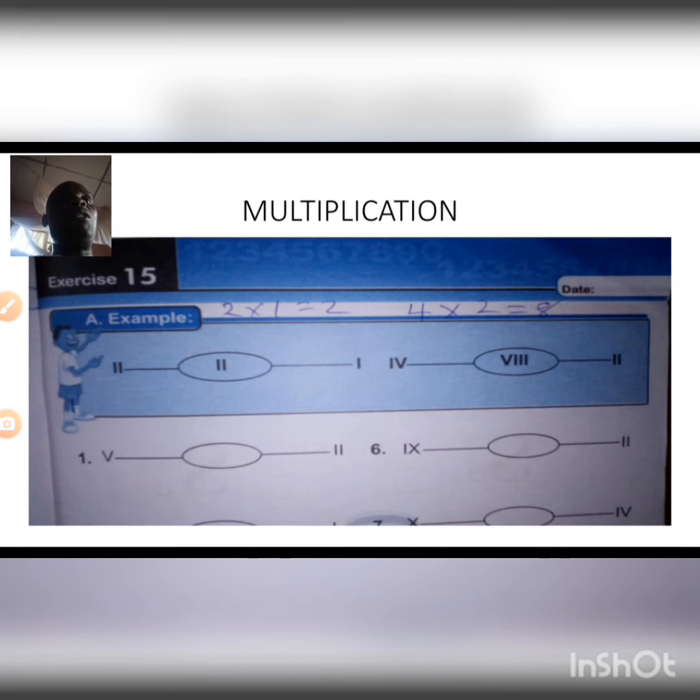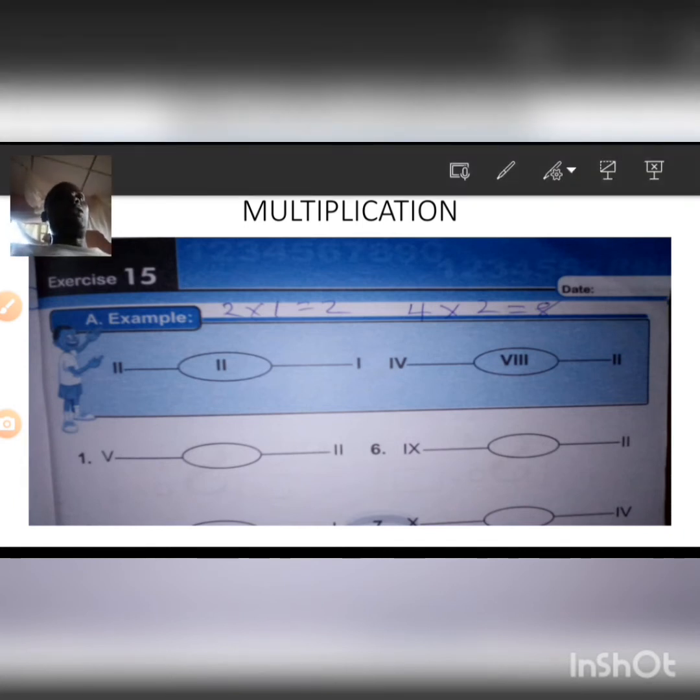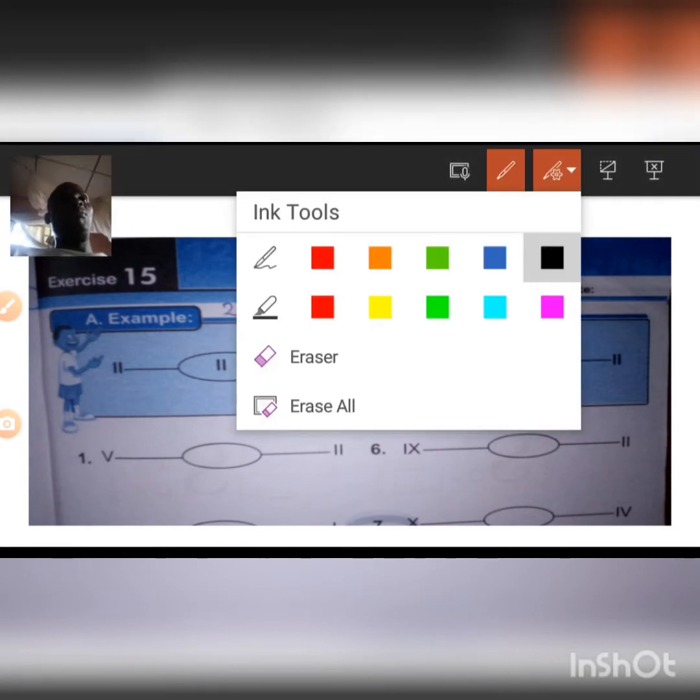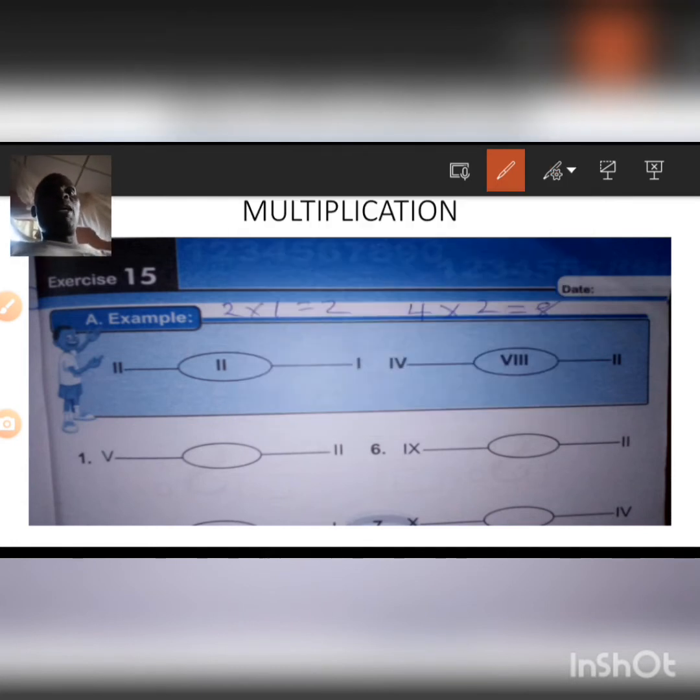In the first example, we have I here, which represents 2, and I here, which represents 1.